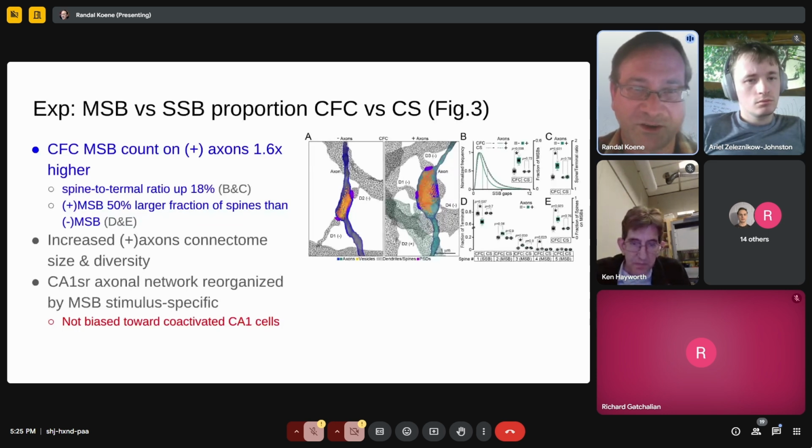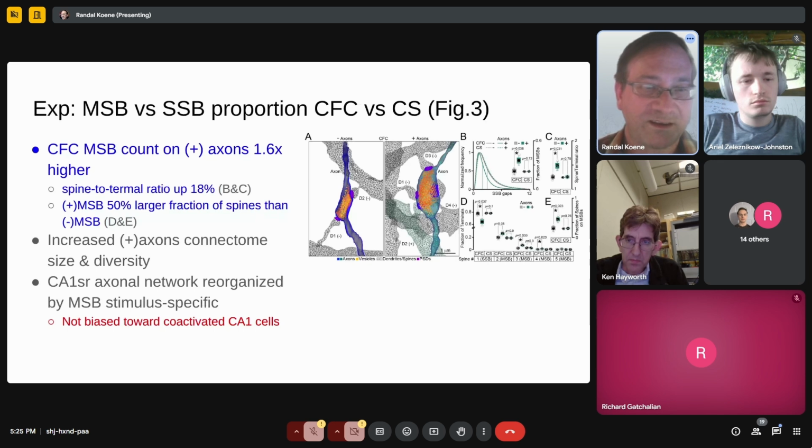So axonal networks are reorganized in the CA1 SR through multisynaptic boutons in a stimulus-specific manner. But MSB target selection was not biased towards co-activated CA1 pyramidal neurons. The apparent recruitment of false-negative neurons that were not engaged in the immediate response to external cues is seemingly then at odds with the Hebbian model.